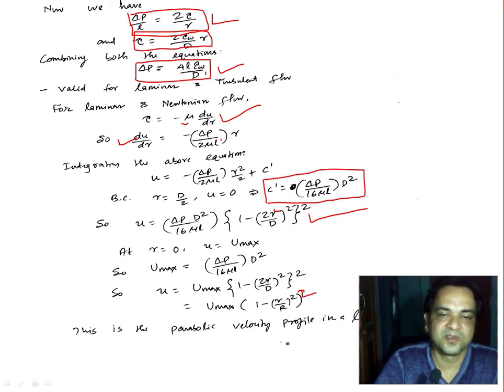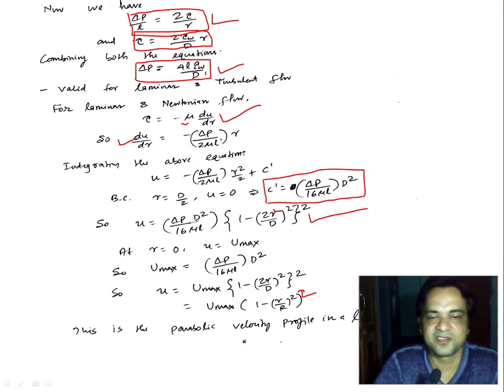The velocity will vary in a parabolic manner along the radial coordinate, but along the axial coordinate there is no variation. It will be a similar velocity profile because we have considered the fully developed region.